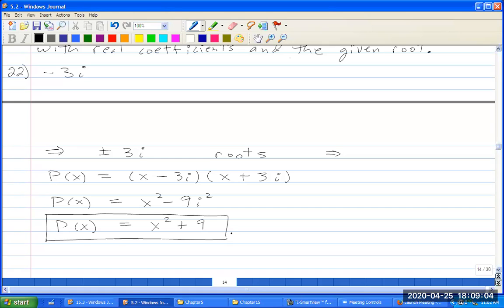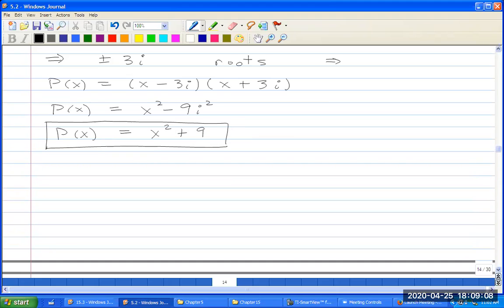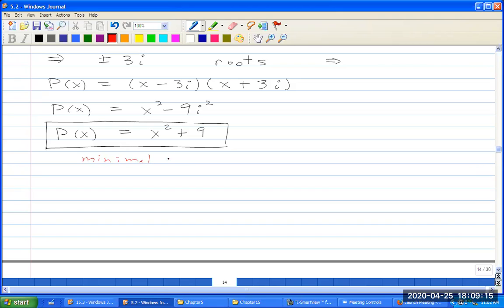And so this is my minimal polynomial for negative 3i. It's a polynomial of least degree that has minus 3i as a root.